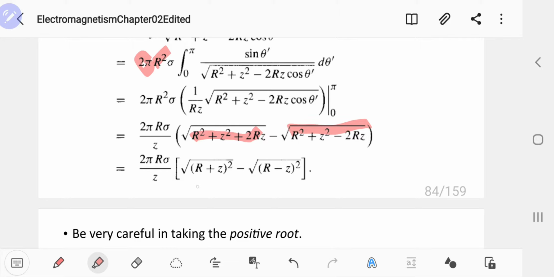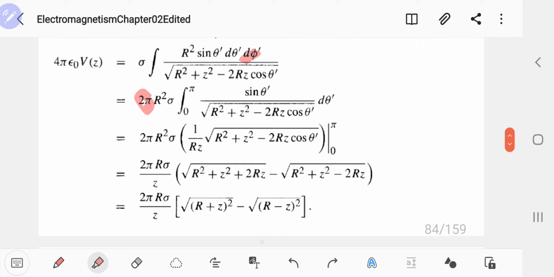And if the point is outside, z would be greater than r, and if the point is inside, z would be less than r. So you have to be very careful in getting the square root of this and this one, because it may not be valid because of the negativity of the argument inside the square root.